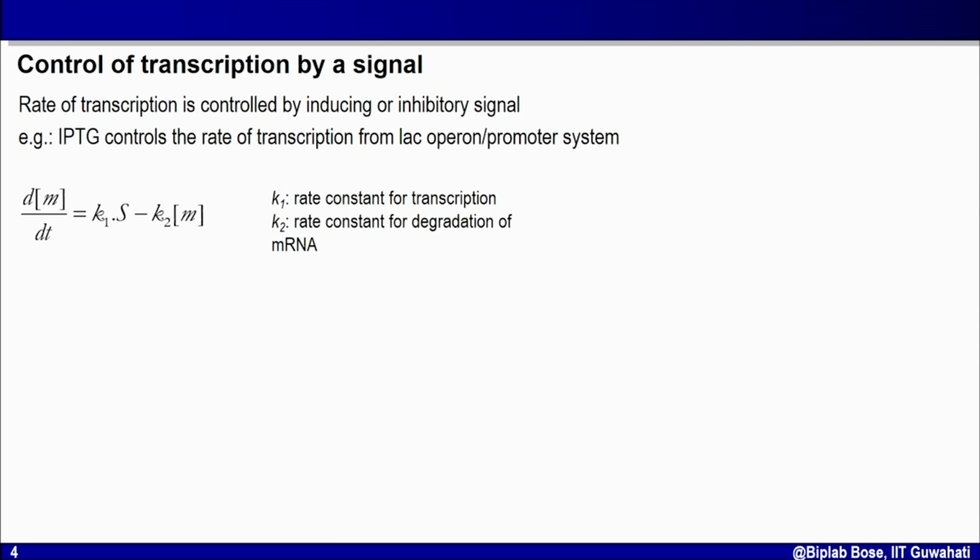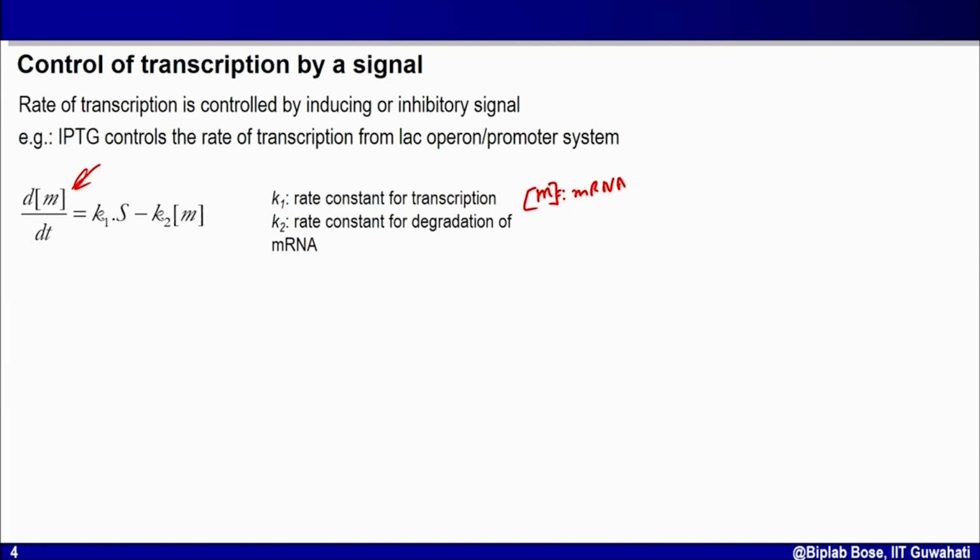So I can write a simple ODE the way I have shown here. dM/dt is equal to, where M is the concentration of mRNA. So the rate of change of concentration of mRNA is equal to K1 into S. K1 is the rate constant for transcription.